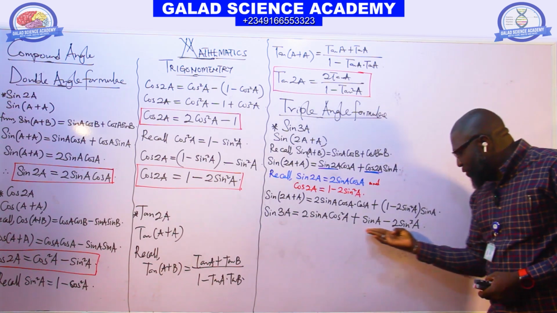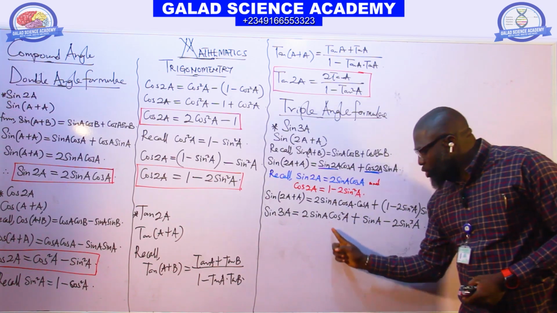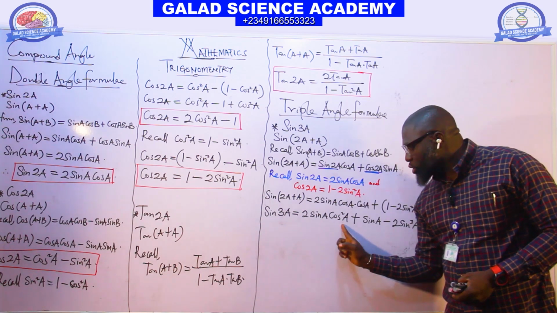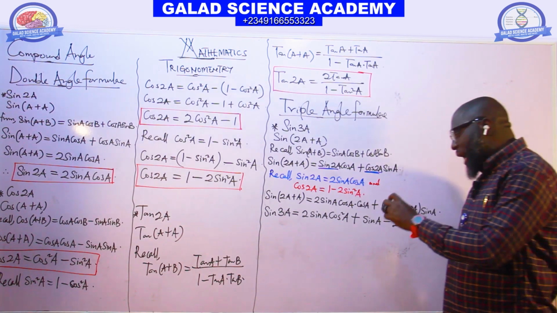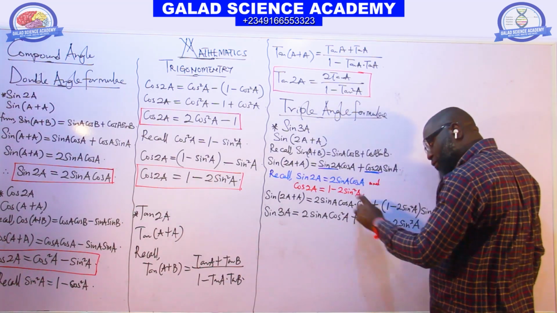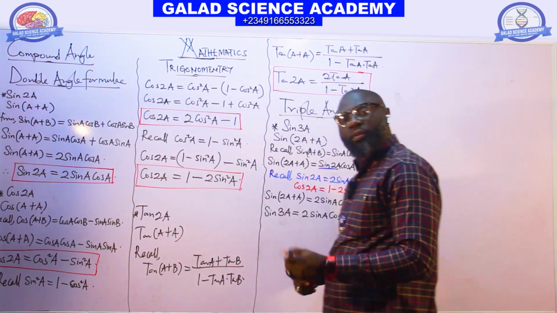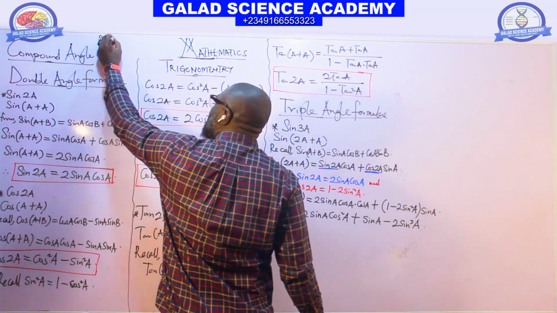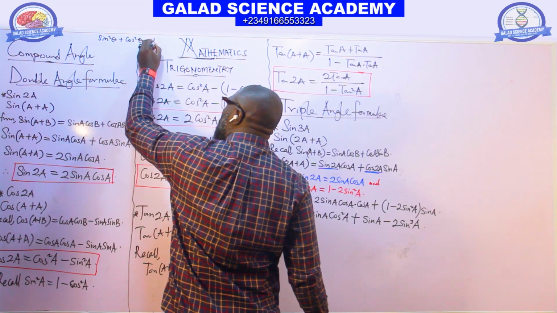The next thing again, I need to make this expression uniform. I want every function we have there to be in form of sine. And I'm still having cos square A here. How am I going to eliminate this cos square A? So help me look for what identity of cos square A can give us sine A. If you still remember, yesterday we did sine square theta plus cos square theta equal to 1.